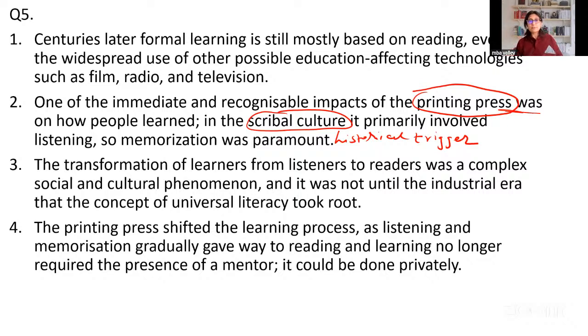Now, look at sentence number 4. Sentence number 4 shows a direct consequence of this. The printing press shifted the learning process as listening and memorization gradually gave way to reading, and learning no longer required the presence of a mentor. It could be done privately. So sentence number 4 gives us a direct consequence of printing, how through the printing press, how people learned, उसके डायरेक्ट इम्पैक्ट की बात कर रहा है, डायरेक्ट कॉन्सिक्वेंस की बात कर रहा है. सो सेंटेंस नंबर 2 लेकर के आ रहा है हमें सेंटेंस नंबर 4 पे. सेंटेंस नंबर 4 क्या है?